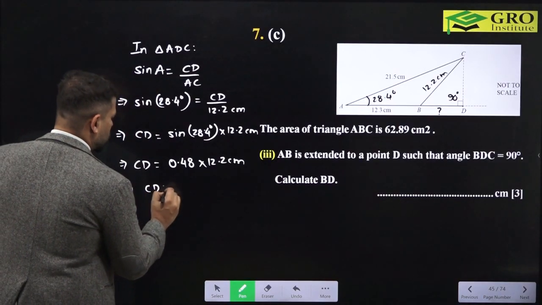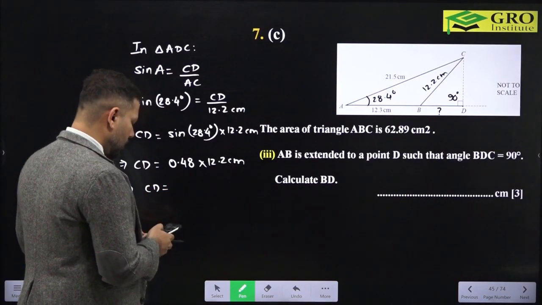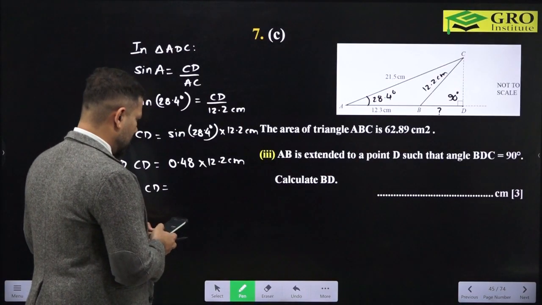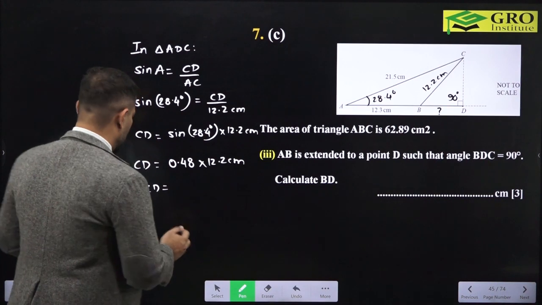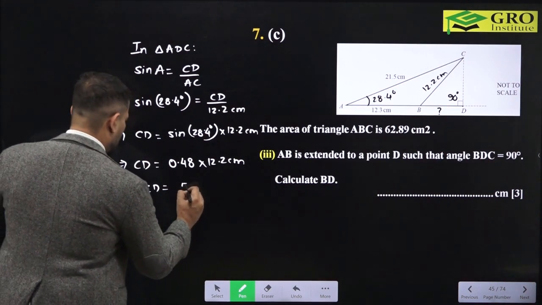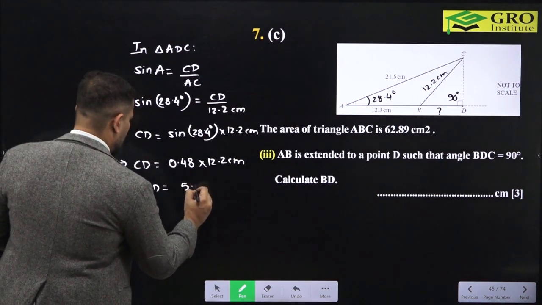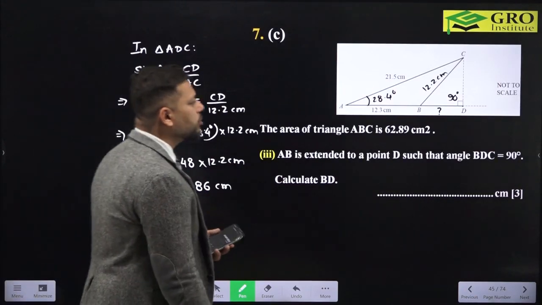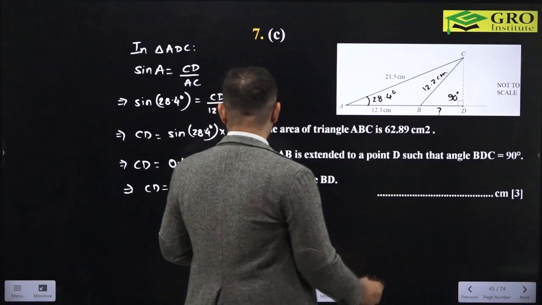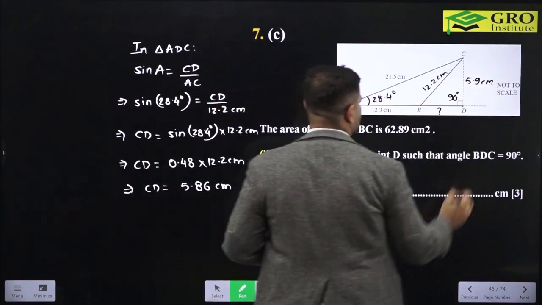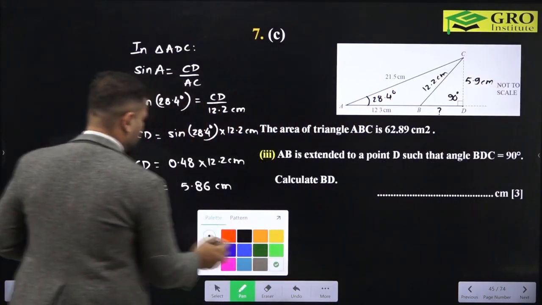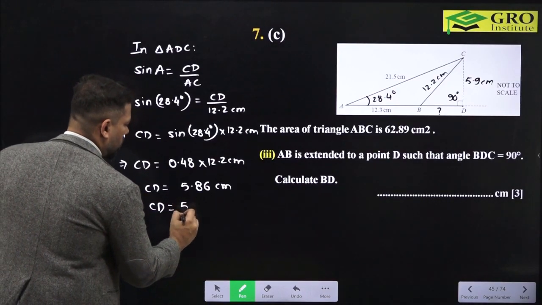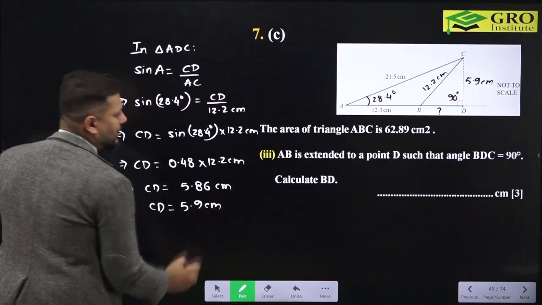So if I solve this, I am getting it as 0.48 multiplied with 12.2. This comes out to be 5.86 centimeter. So the length of CD comes out to be 5.9 centimeter. I'll mention it over here as well. That is CD is equals to 5.9 centimeter.